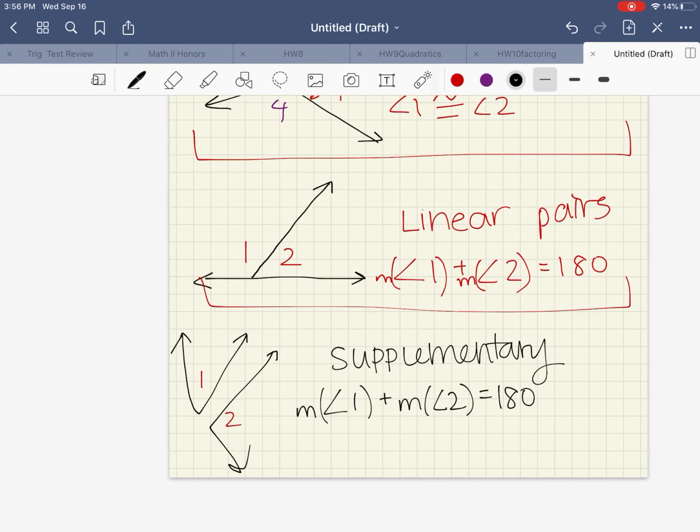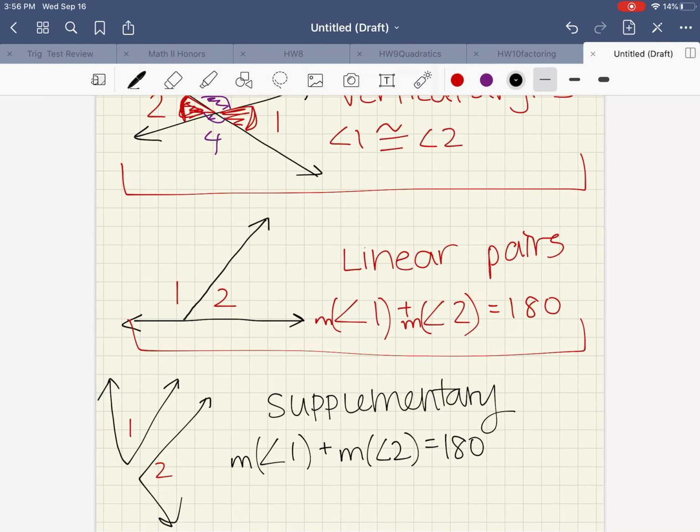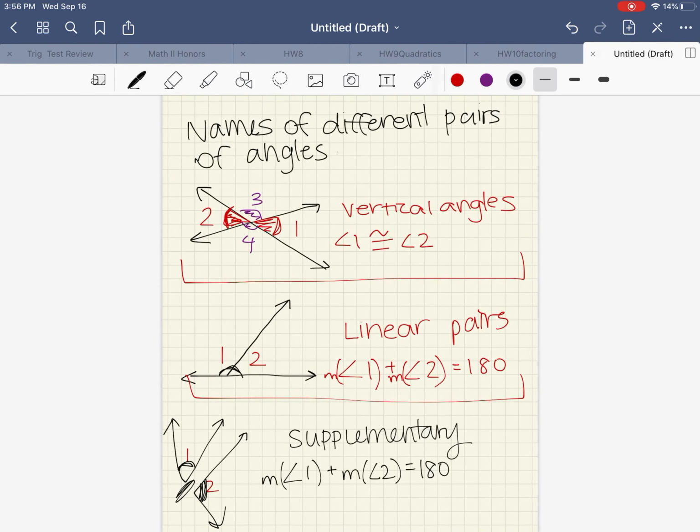These are different from linear pairs because linear pairs are joined on the same line. Supplementary angles are not necessarily. They can be, but they could also be separated like we have here. It just means that this angle plus this angle over here is equal to 180. We also have things like complementary angles, but these are the main three that we're going to be using for this unit. So go ahead and make sure you write all those down.